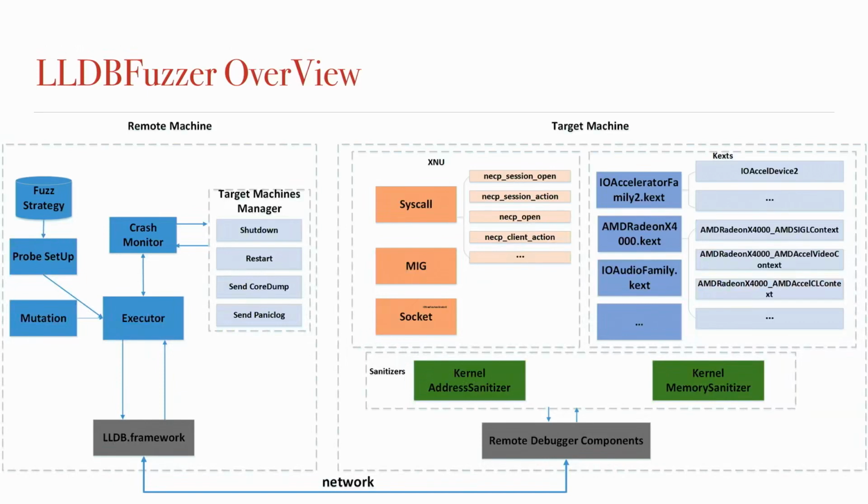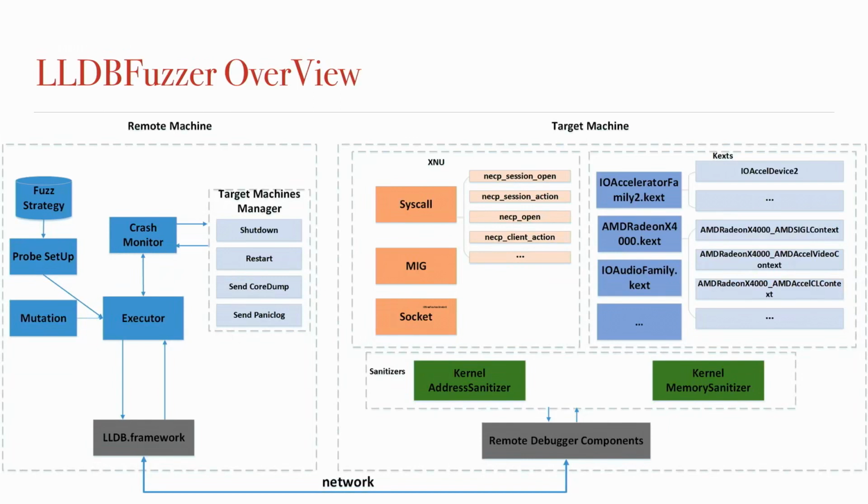When the target point is hit, based on the debug mechanism of lldb, the execution control is transferred to the executor. And as our fuzz strategy, we will try to mutate or taint the input buffer from the user mode so as to cause the target kernel module to crash in later execution.